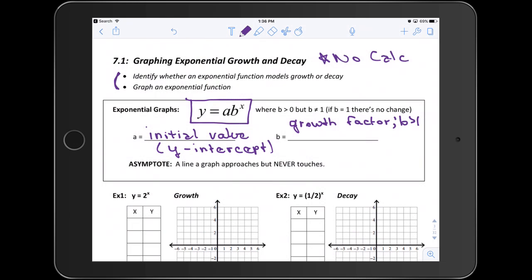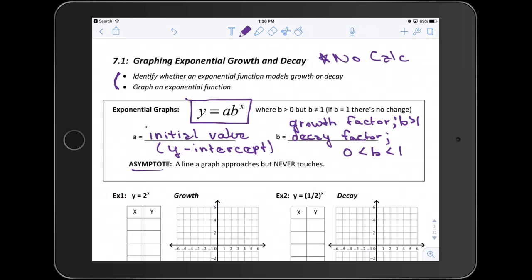And you would have a decay factor if your B value is more than 0, so it can't be 0 because that doesn't make any sense, but it also has to be less than 1. If it's anywhere between 0 and 1, you have a decay factor. Anything greater than 1, you have a growth factor. We'll get into a lot of that as we move forward.